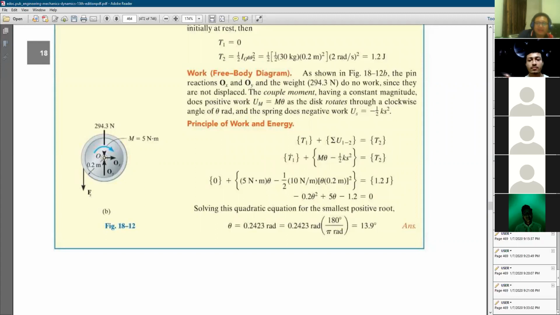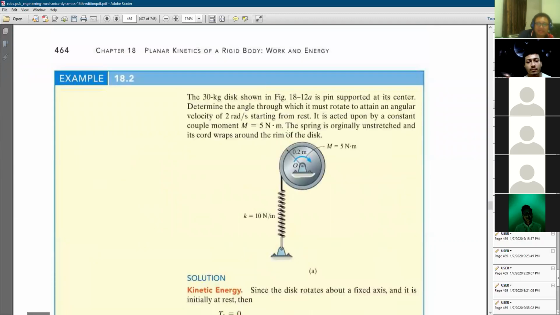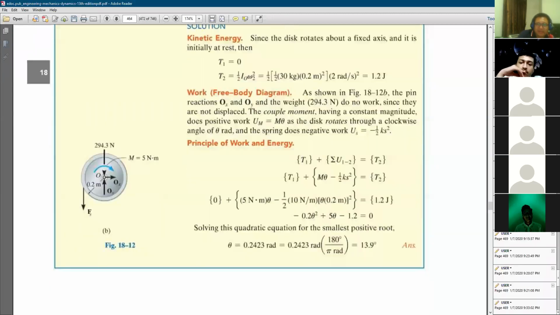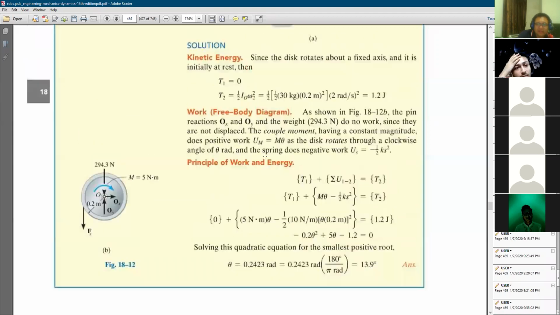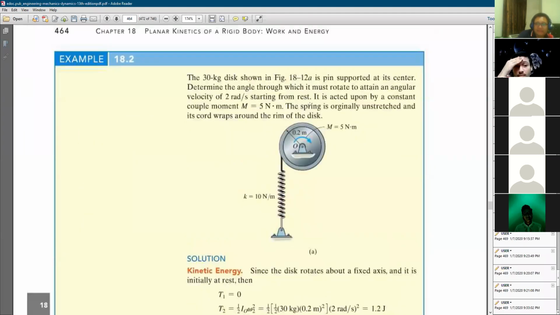In this particular example, it is mentioned that it starts from rest, meaning that T1 is equal to 0. M is given as 5 Newton meter, and theta is something we need to determine: the angle through which it must rotate to attain an angular velocity of 2 radian per second starting from rest. So we need to get this angle.